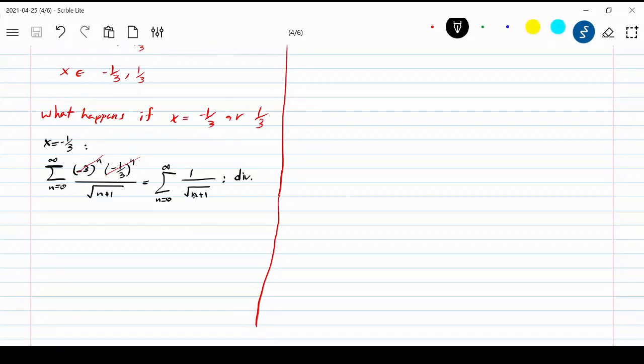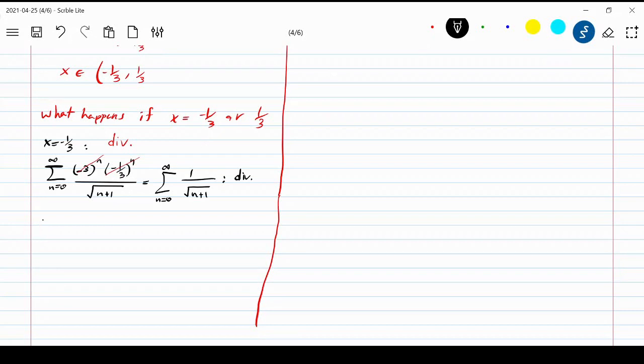At least, comparing with the p series 1 over n to the power p, this p must be greater than 1, but here it is n to the power 1/2. So this is a divergent series. So I can say, okay, if x is chosen negative 1/3, then I have a divergent series. So at negative 1/3, I'll use a parenthesis. So negative 1/3 is not included.